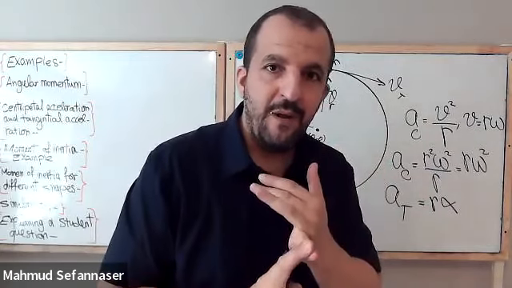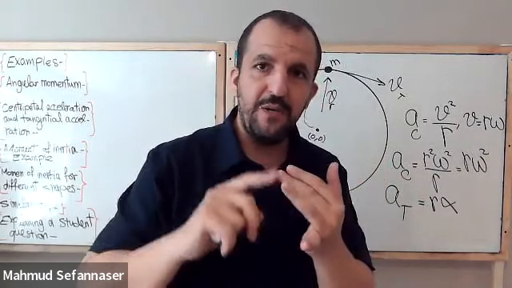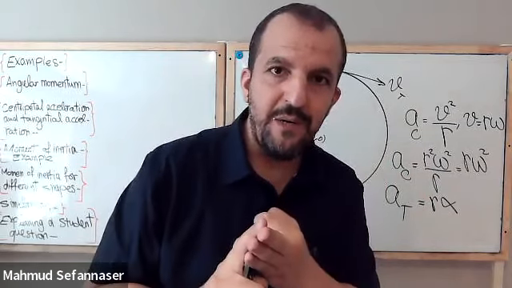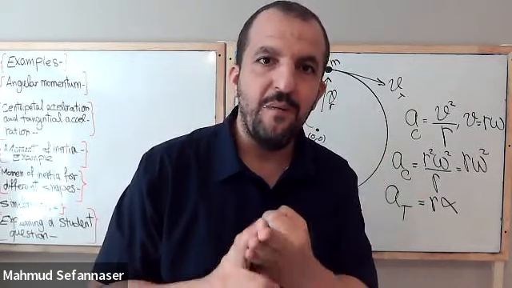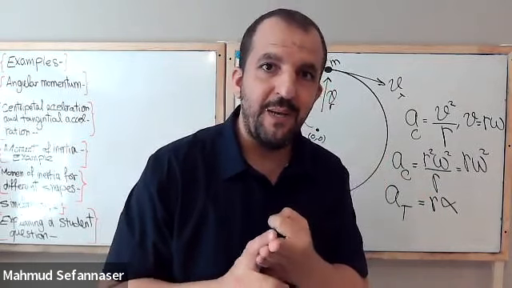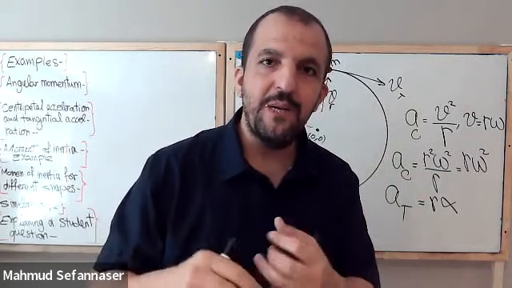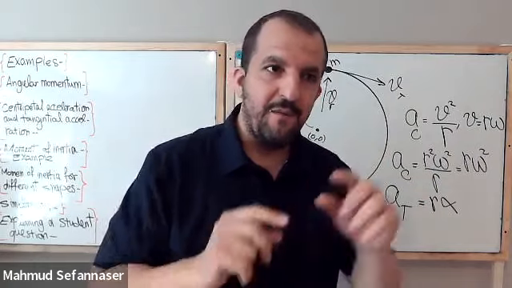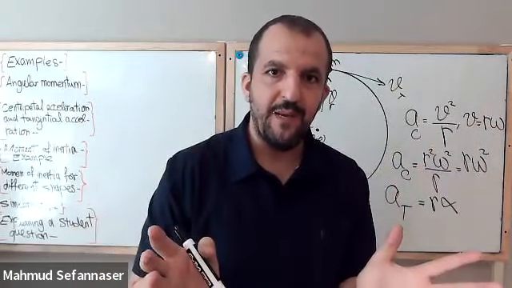The angular velocity, the angular position, and the angular acceleration are the same for all of the particles of the rigid body. But the linear velocity, linear position, and linear acceleration are different from one particle to another in this rigid body.